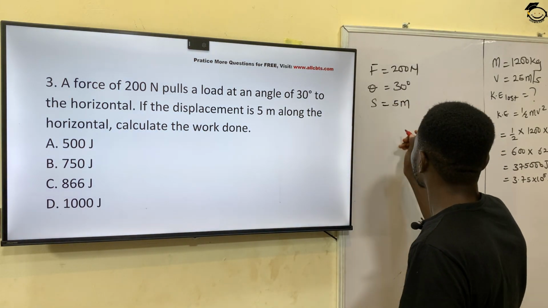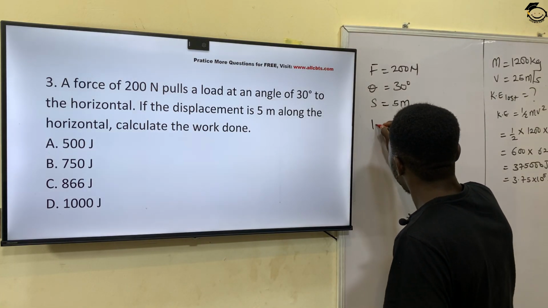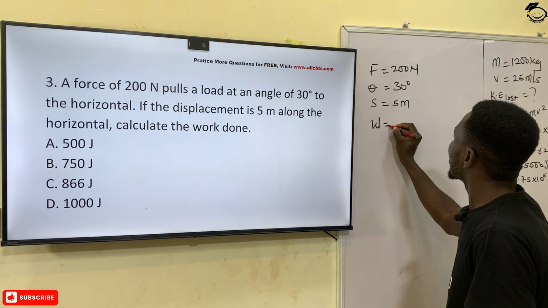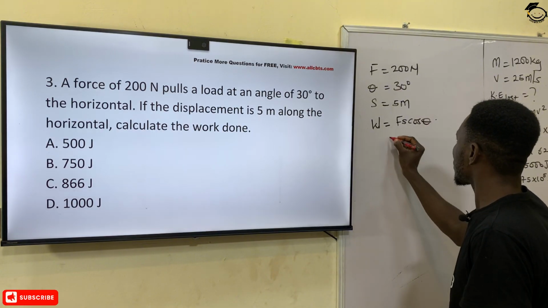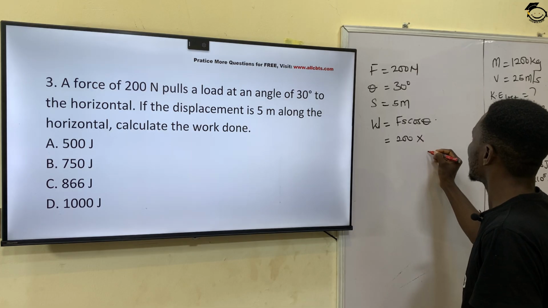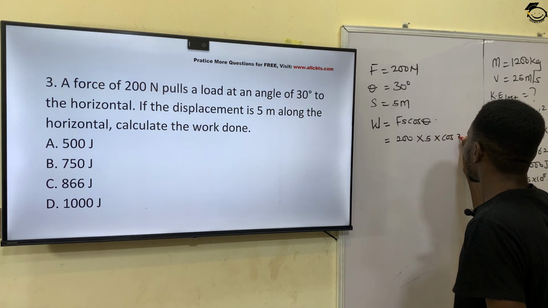Calculate the work done. Now the work done when you pull an object on a horizontal surface at an angle is equal to Fs cos theta. So my work done is 200 times the displacement, 5, times cos 30.